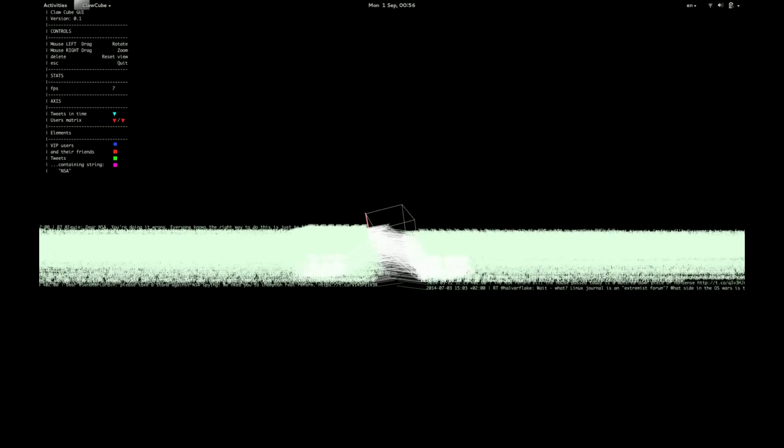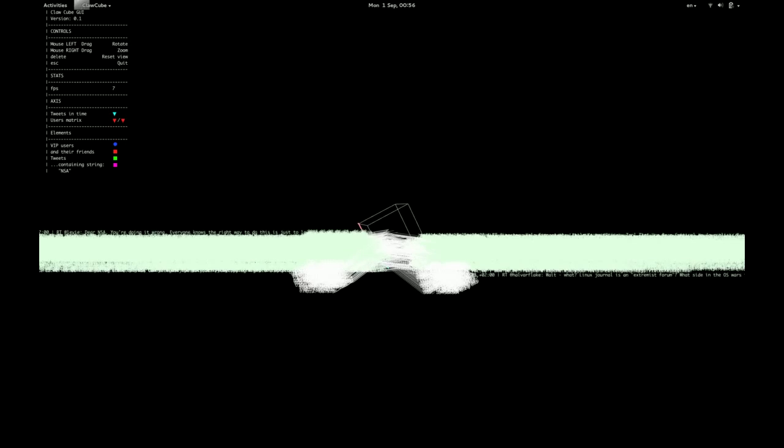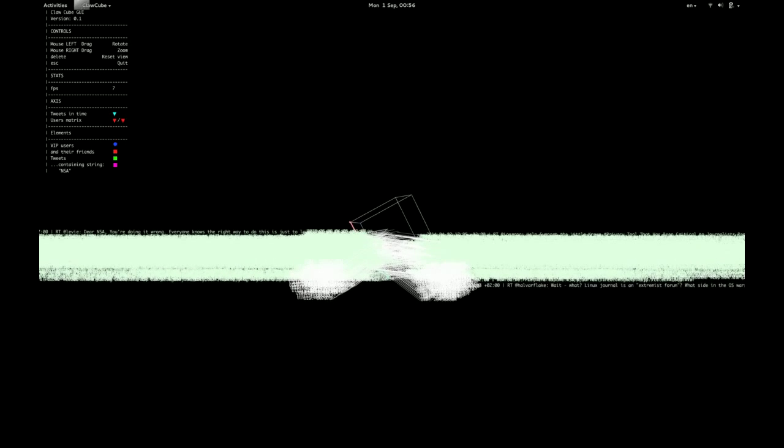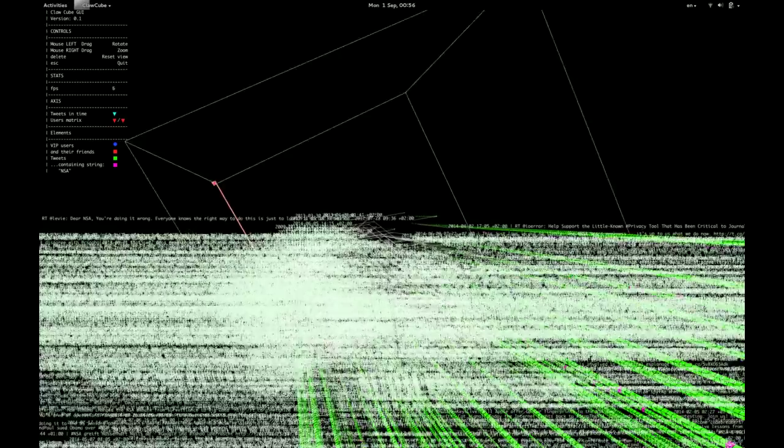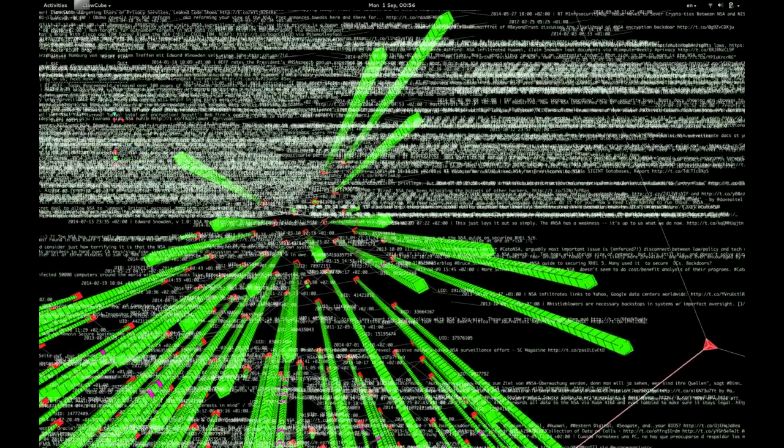Well, this represents one Bruce Schneier as a blue ball at the bottom of the cube. I'll show you in a minute. And his 400 friends and their tweets.